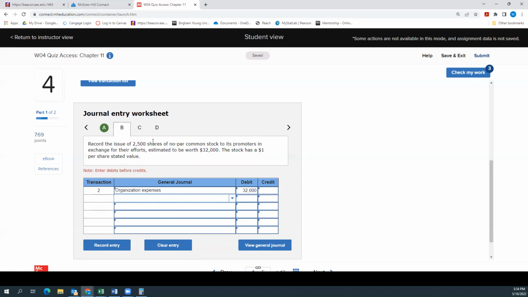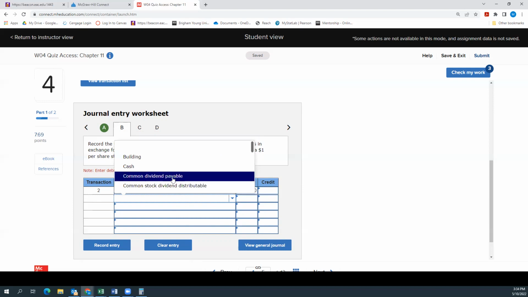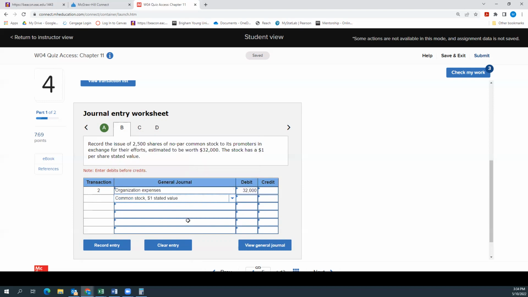It's 2,500 shares of $1 stated value. So I'm going to put common stock, $1 stated value. And that's going to be 2,500 times 1, so $2,500.